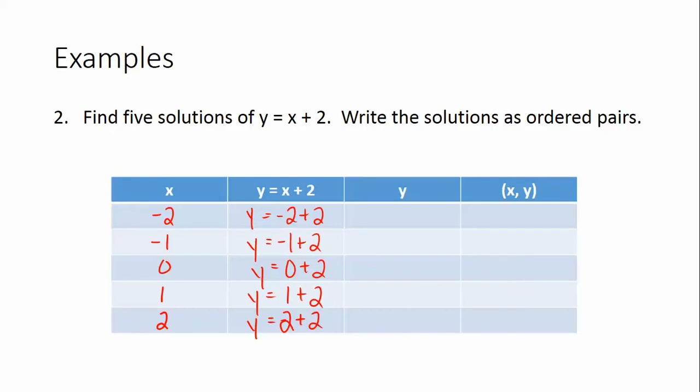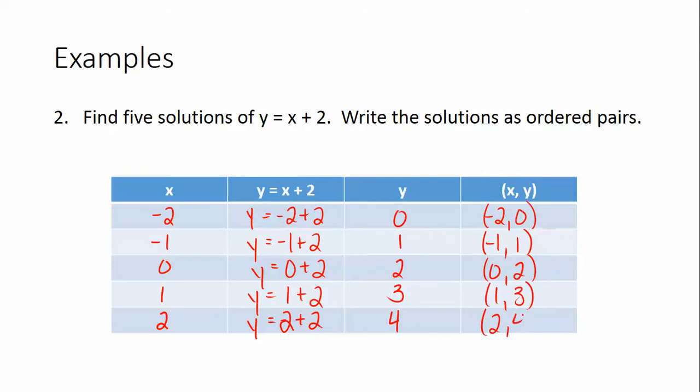So for y we get 0, 1, 2, 3, and 4. We write our solutions as ordered pairs. So that's how you fill in the chart.